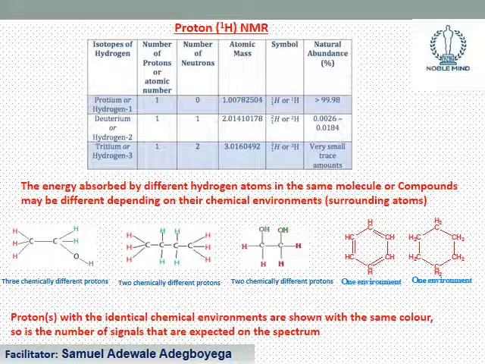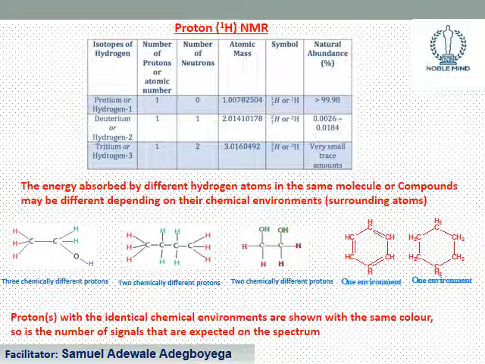Okay, now when protons absorb energy, you have protons in different molecules or different compounds. The energy that is absorbed by different hydrogen atoms in a particular molecule, or in the same molecule, may differ.